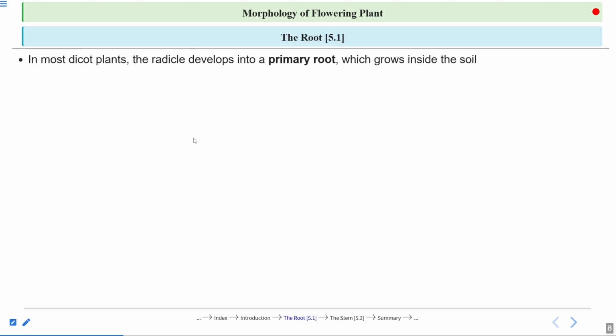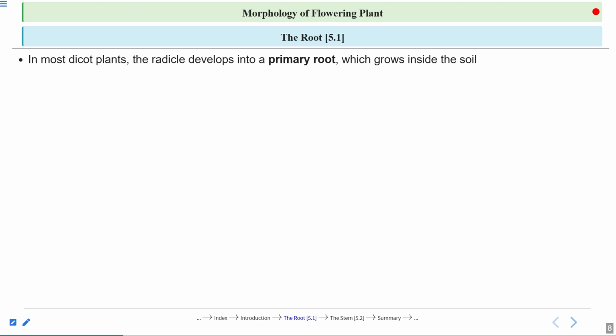Now we will study the roots in detail. In most dicot plants, the radicle develops into the primary root which grows inside the soil. Now, before jumping to this primary root, I just want to emphasize the two different types of angiosperms, the dicot and monocot.